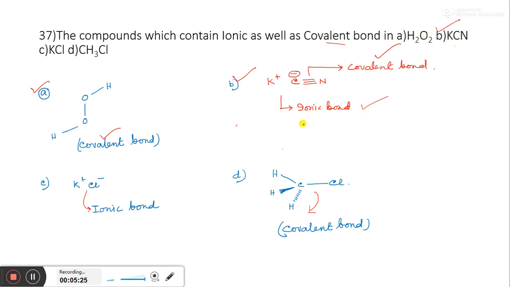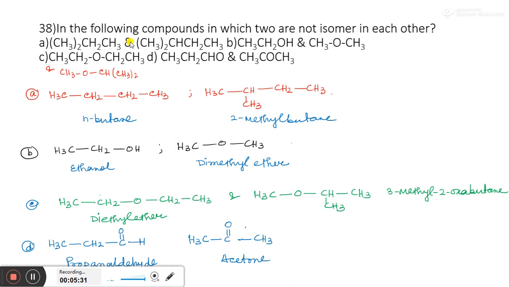The next question of the NTSE 2020 chemistry question paper is: in the following compounds, which pair is not isomeric with each other? There are four options. Option A is CH3CH2CH2CH3, and the second is H3C-CH(CH3)-CH2CH3.